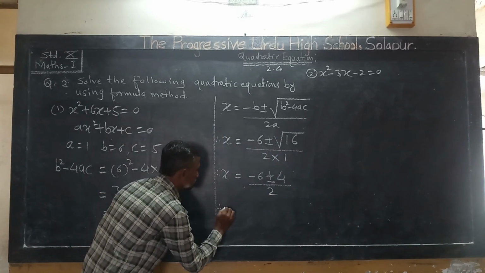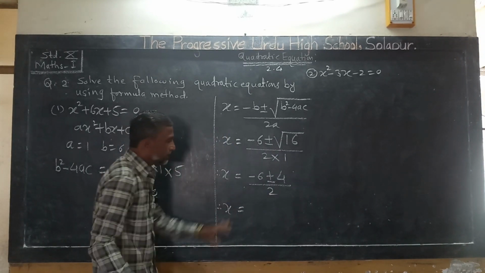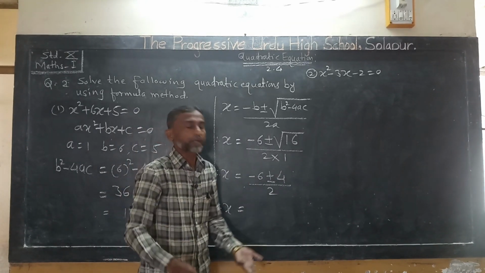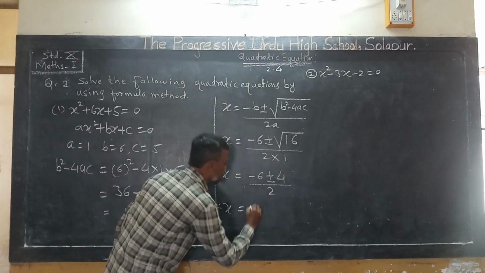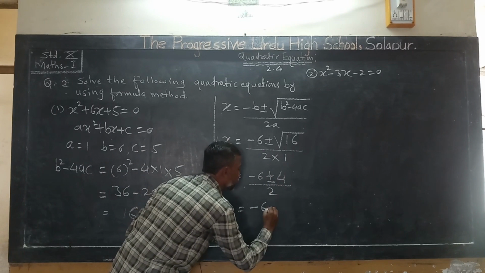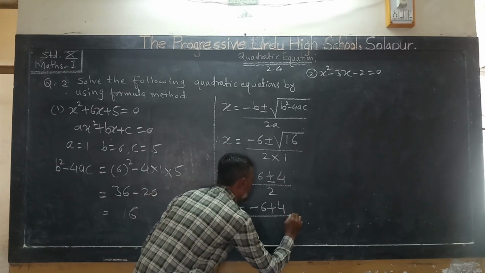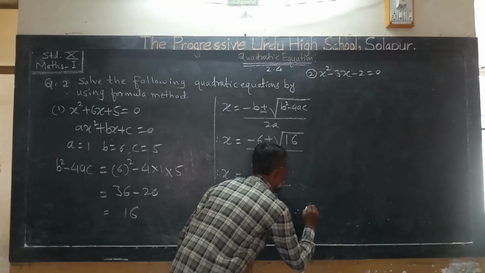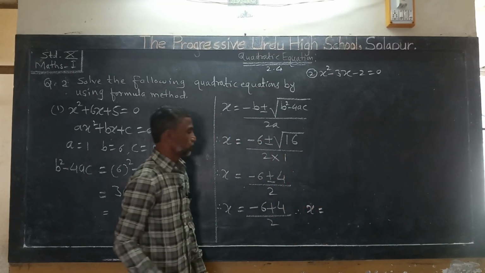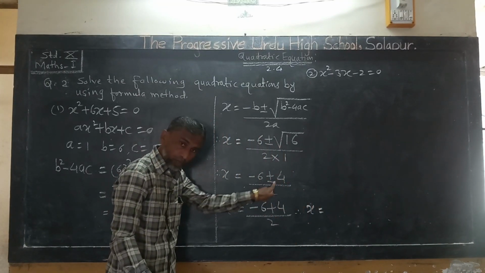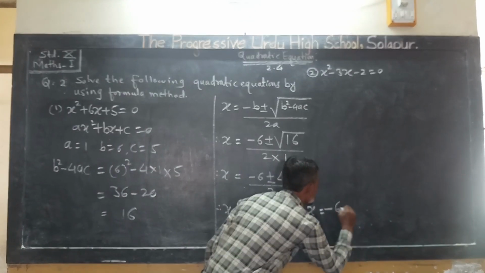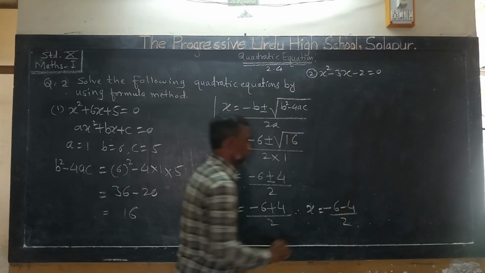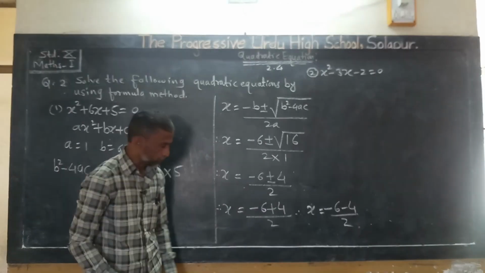Therefore, x is equal to, there are two values, write them separately. First one, x is equal to minus 6 plus 4 upon 2, or x is equal to minus 6 minus 4 upon 2. These are the two solutions.